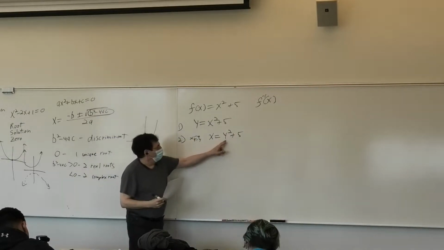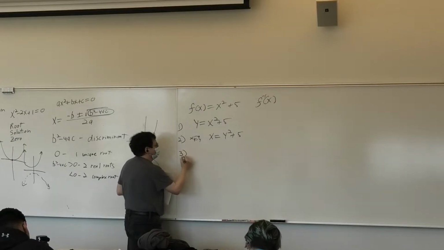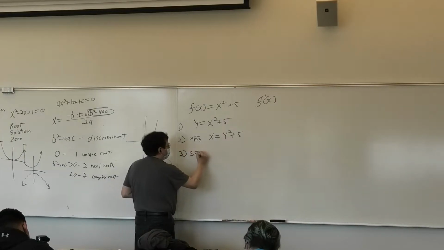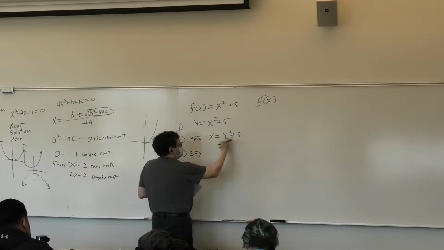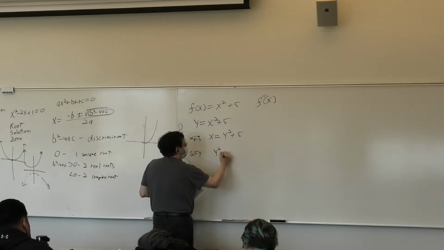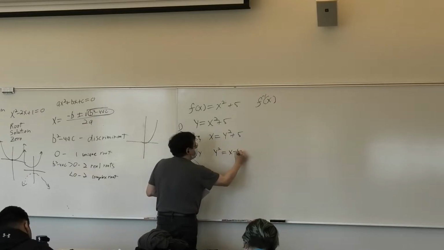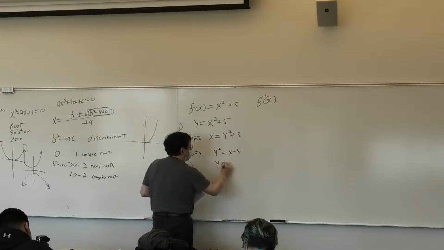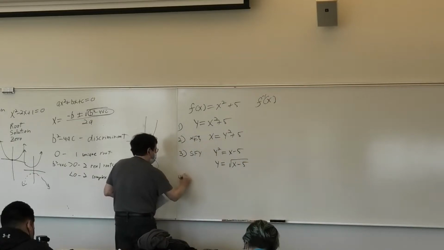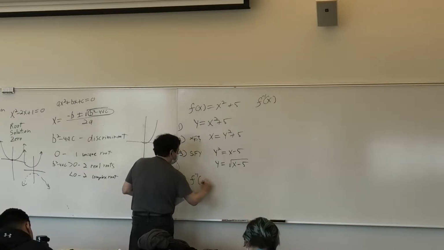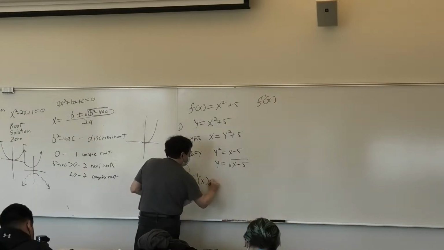And then I solve for y. Okay, so how would I do that? Subtract 5 from both sides. Find the square root. And there I have my inverse, at least the inverse mapping of the function.